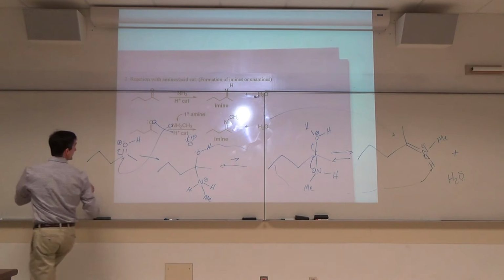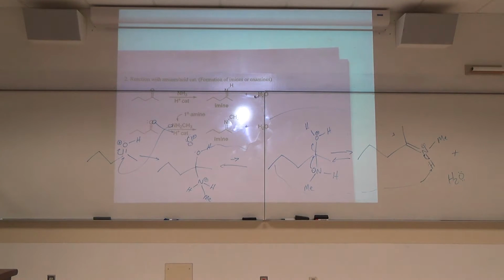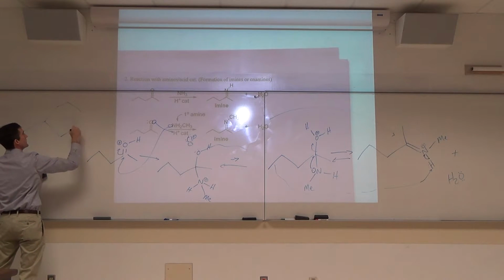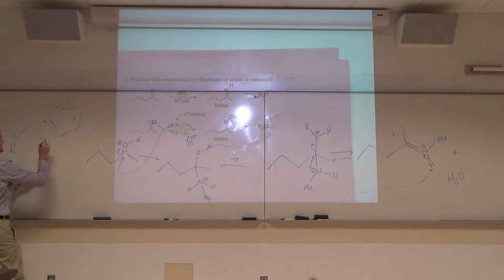But let me make you another imine. If you make an imine here, and then let's put something like this. Instead of a double bond, we'll still make the double bond, but let's turn it into an aromatic ring, and maybe make this an aromatic ring too.